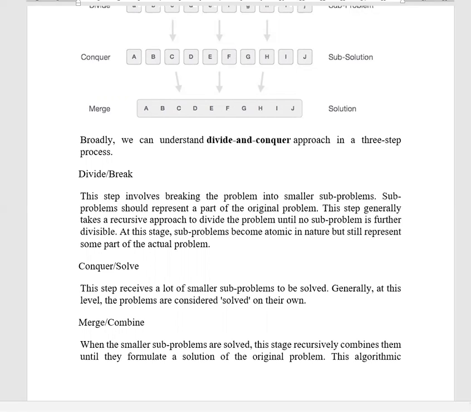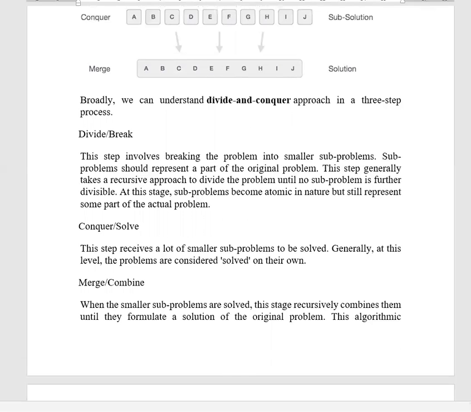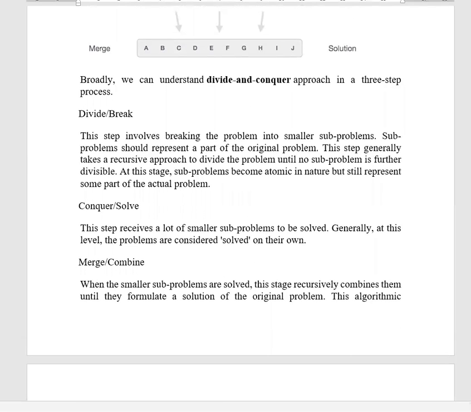Then the second step is conquer or solve. This step receives a lot of smaller sub-problems to be solved. Generally, at this level, the problems are considered solved on their own. So that is known as the conquer or solve stage. Now, the third stage is merge and combine.